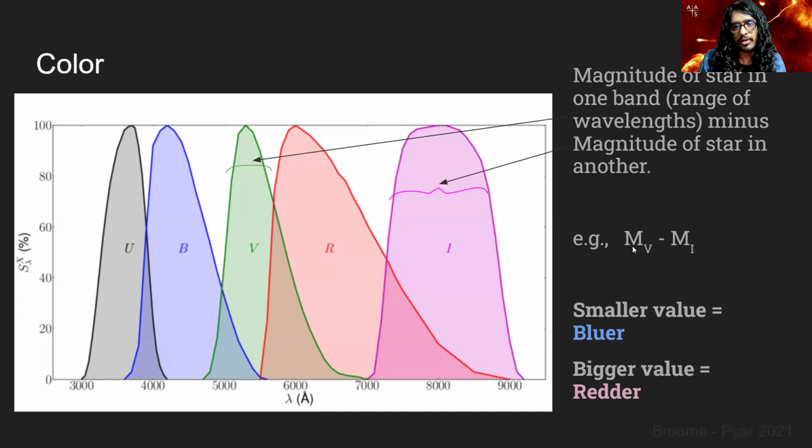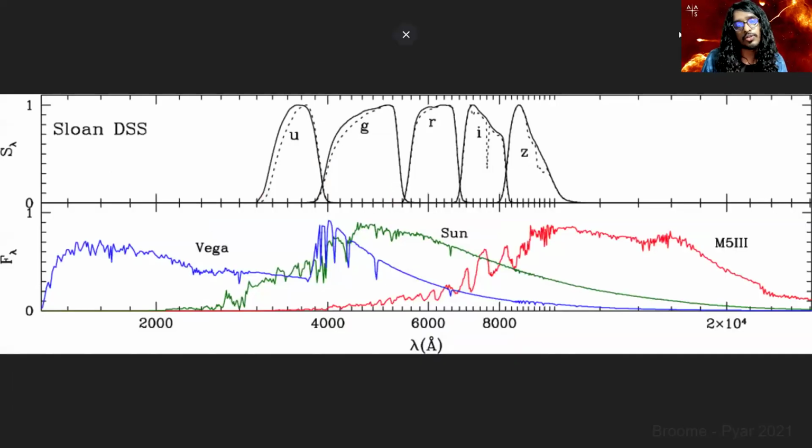Usually we just pick any two of these filters, any two magnitudes in two different filters.